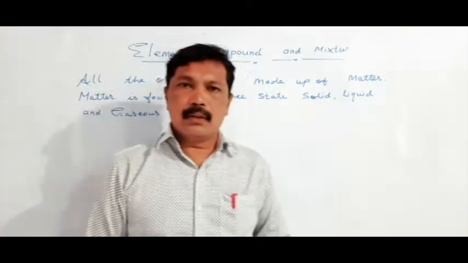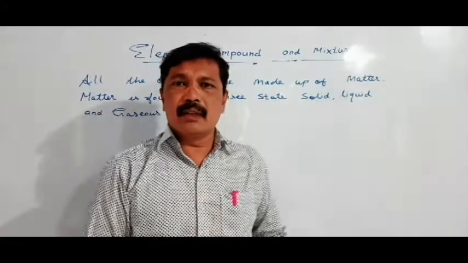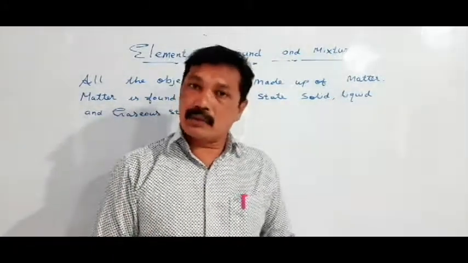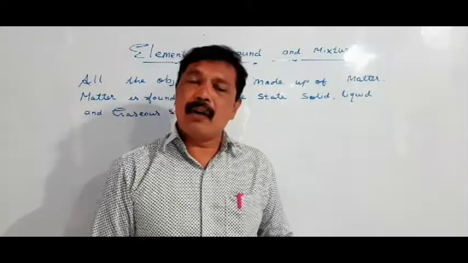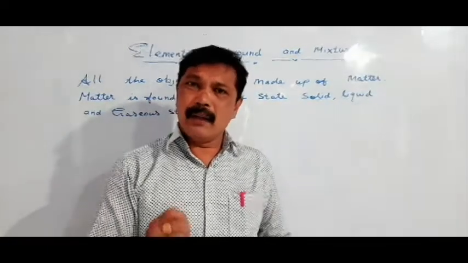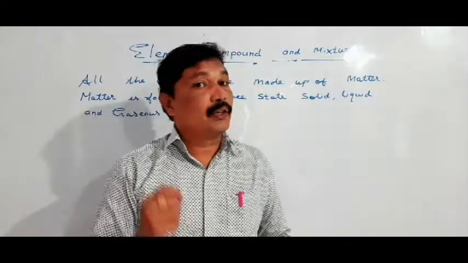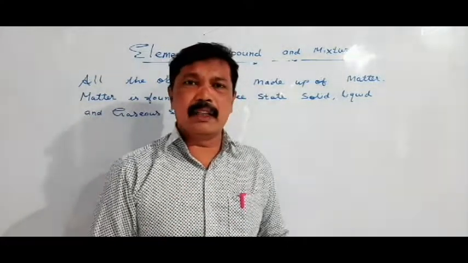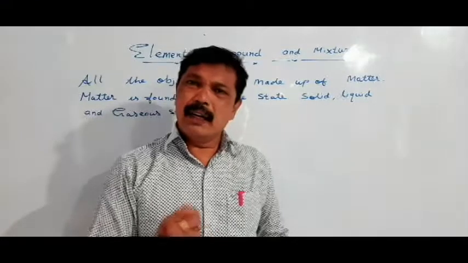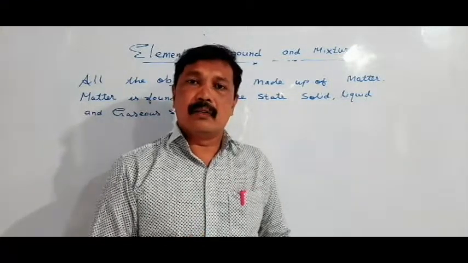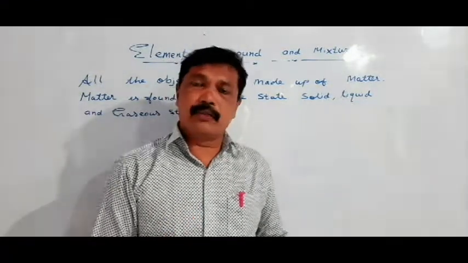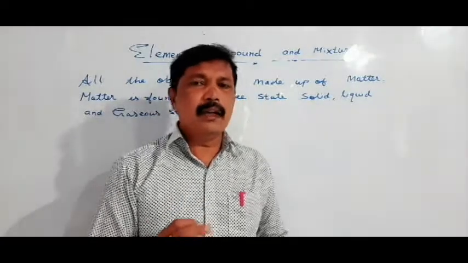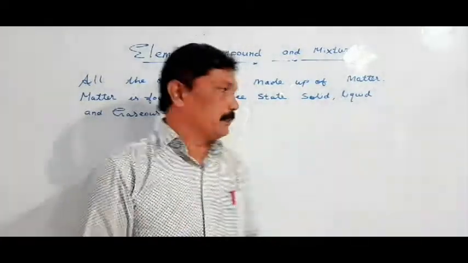My dear student, all the objects which are found in our surrounding are made up of matter. Matter is found in three states: solid, liquid, and gaseous state. This we have studied in lower classes. Let's see one example of a substance which is found in solid, liquid, and gaseous state.